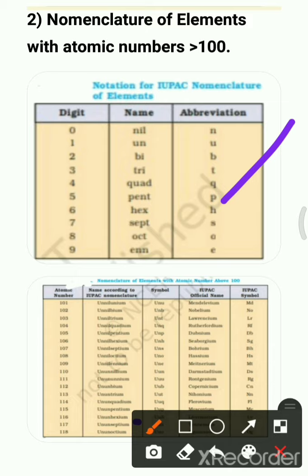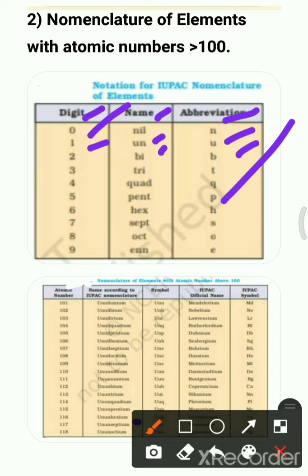From this table, 1 is un, and 2 is bi, abbreviated b, and 0 is nil, abbreviated n.